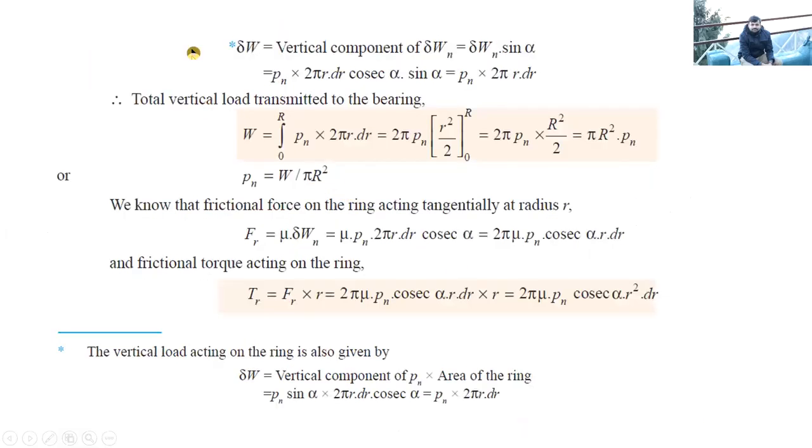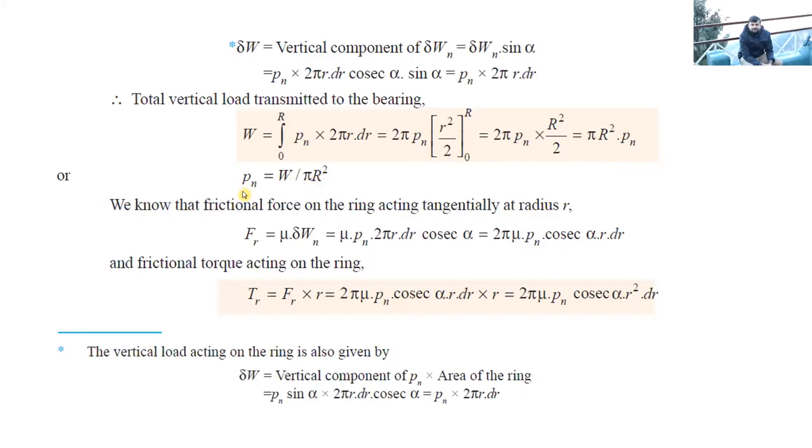Now, this vertical component is further resolved, and we get del W is equals to Pn 2 pi r dr. Now, in order to calculate the total vertical load, we'll integrate this del W from 0 to R, and we find that it comes out to be pi R square into Pn. So from here, we can determine the value of Pn. So Pn is equals to W upon pi R square.